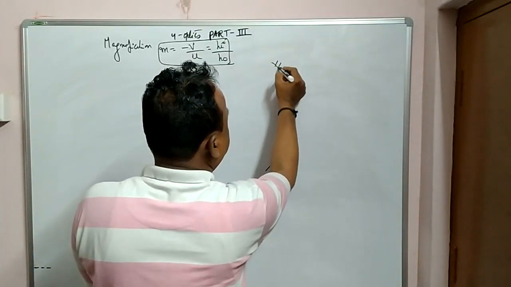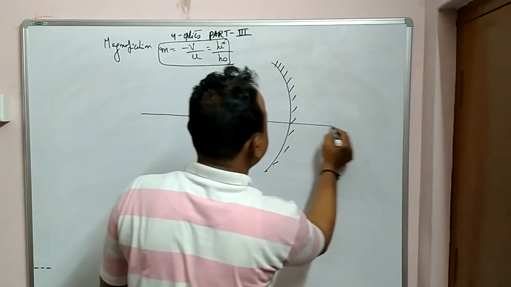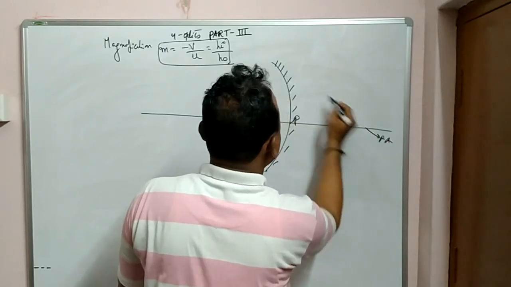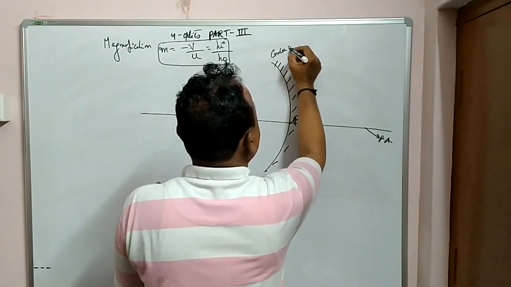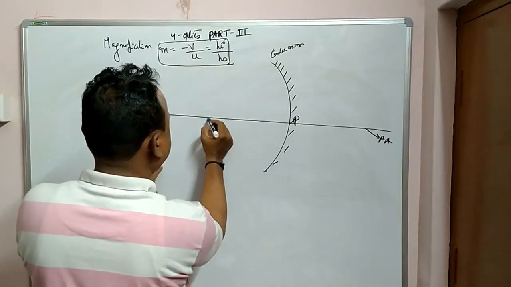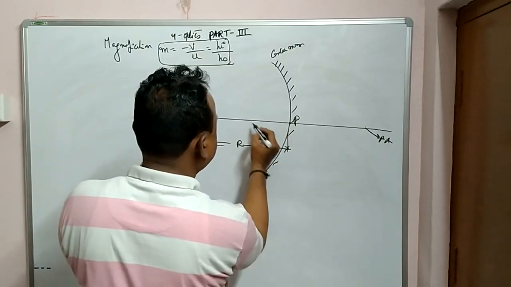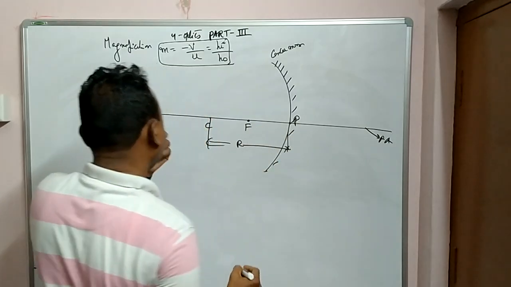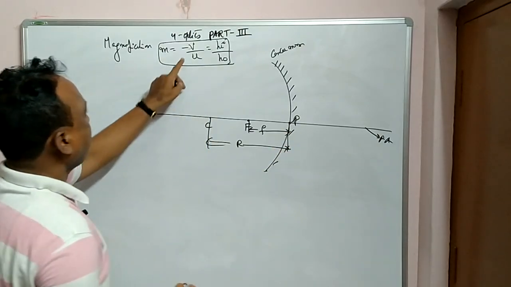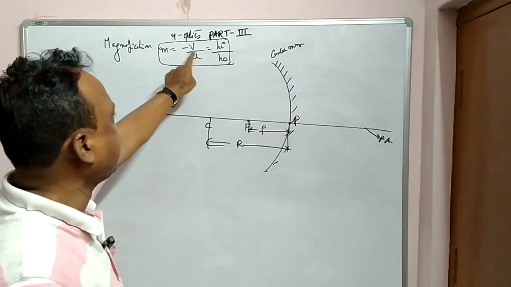Now for example, if I take a concave mirror, this is the principal axis, this is the pole, concave mirror. I'll take somewhere, this is the center of curvature, and of course this is the focus and this is the focal length accordingly. Now we have to show that m is equal to minus v by u, image distance by object distance.